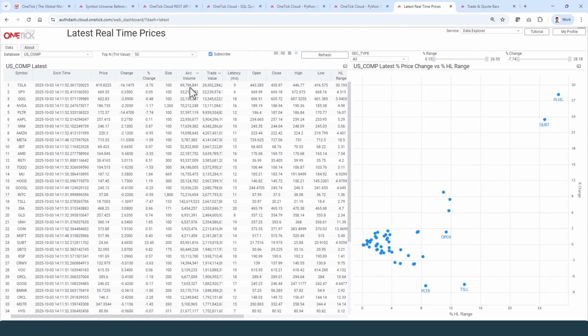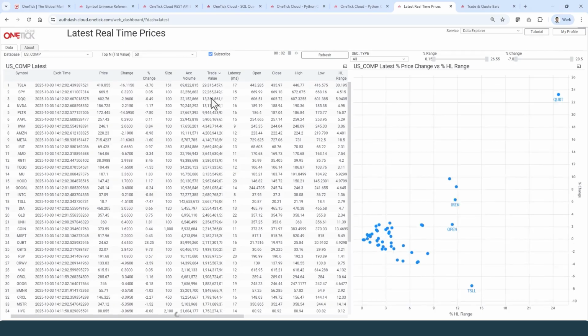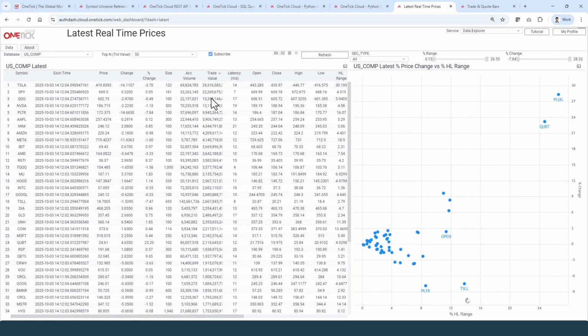And I'm just selecting how much I'm wanting to retrieve. This kind of last value cache will include the last trade price, last trade size, but it will have also added metrics. So that's kind of high-low range, the open, the previous close, the change on the day, the accumulated volume, and the accumulated traded value.